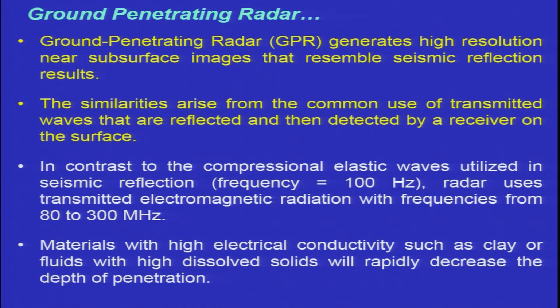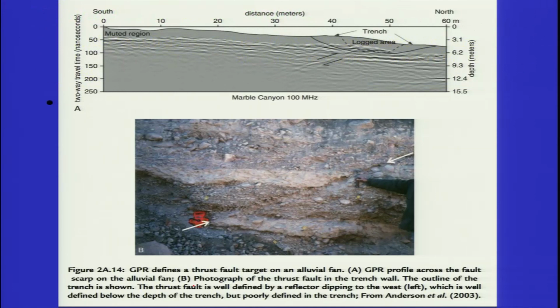So, there are limitations, but you can increase the gain and try to increase the penetration depth of the GPR waves. This is an example of a ground penetrating radar profile.